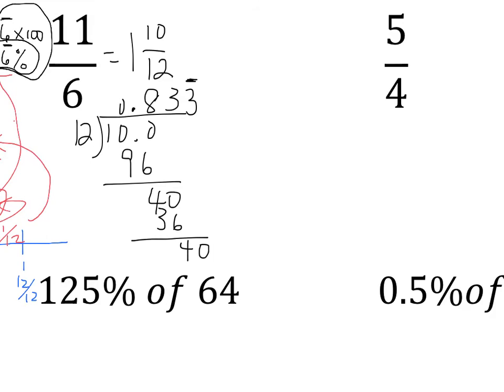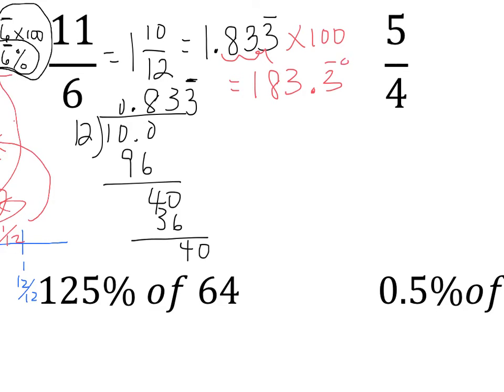And you could rewrite this mixed number as 1.83 with a 3 repeating. And then you've got to multiply by 100 to convert it to a percent. So shift the decimal 2 places to the right. So you get 183.3 with the 3 repeating percent.